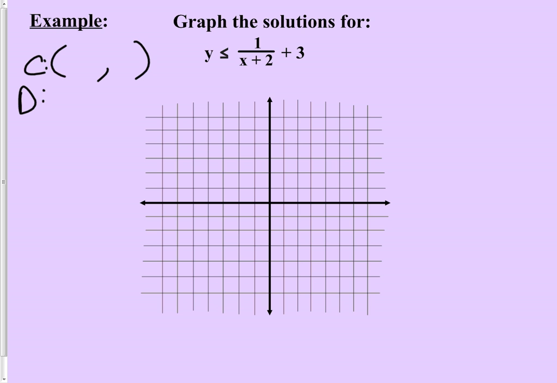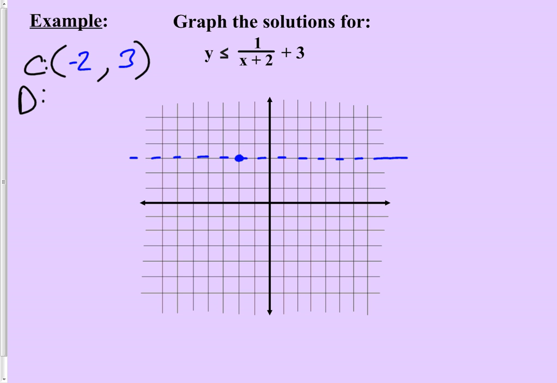It looks like we have an h value of negative 2 in the denominator attached to our x value, and a k value of positive 3. So it looks like a center point at negative 2, positive 3, reading out of the equation. That's good information to know, that way if we have to do the plotting method and start picking some values, we know where to pick them from.